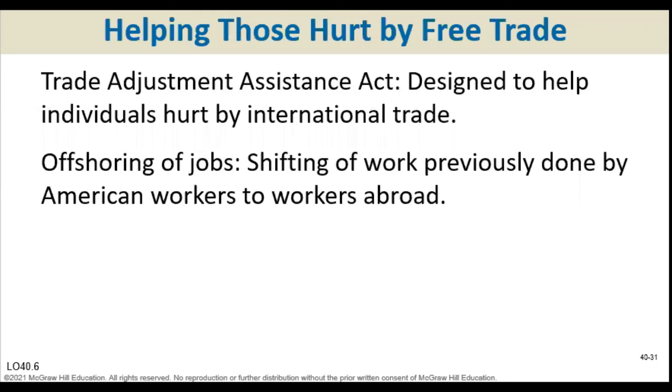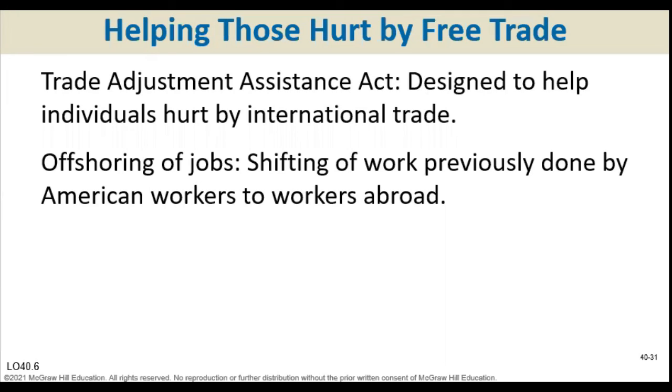Next, some of the assistance helping those hurt by free trade. The Trade Adjustment Assistance Act of 2002 introduced some innovative policies designed to help workers who have been displaced by international trade.